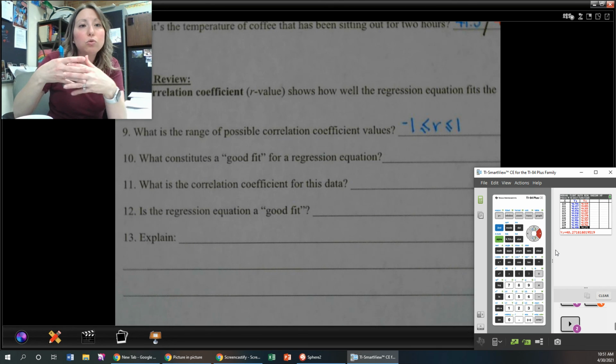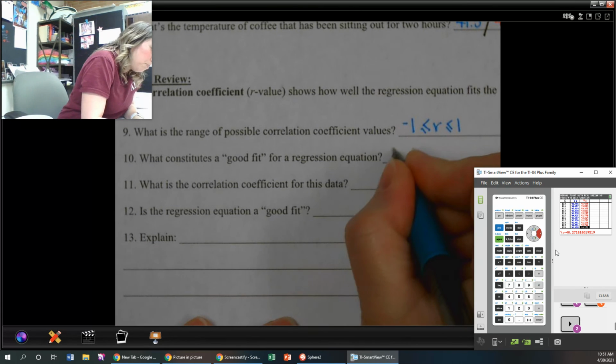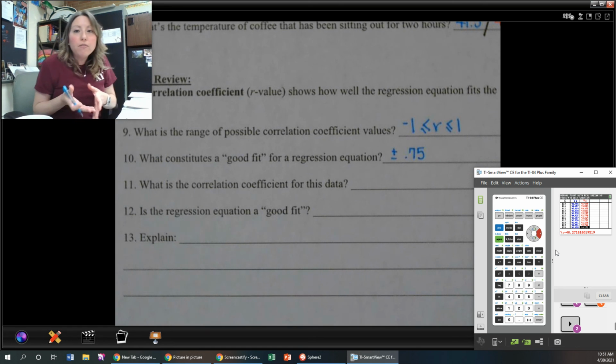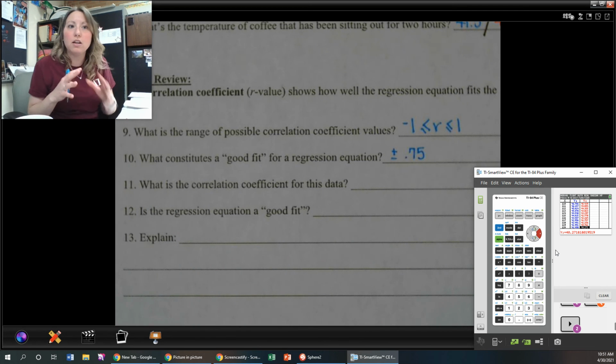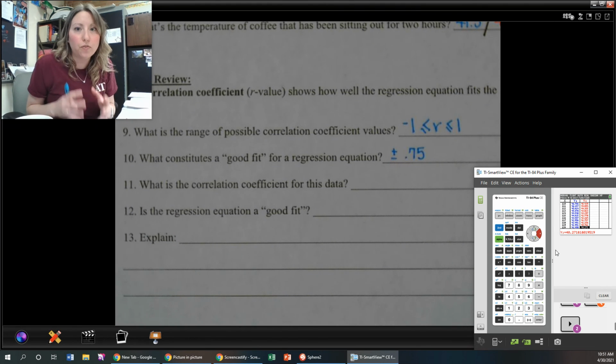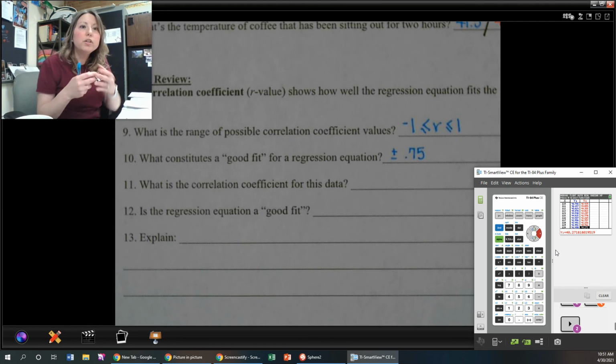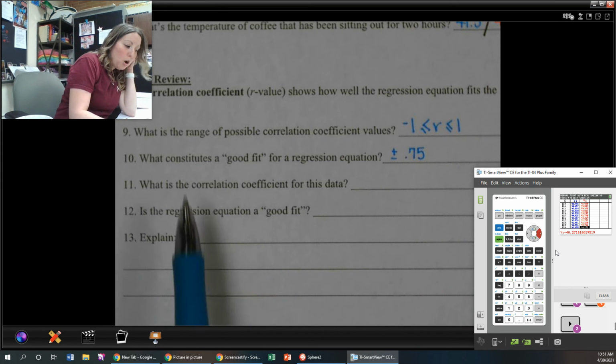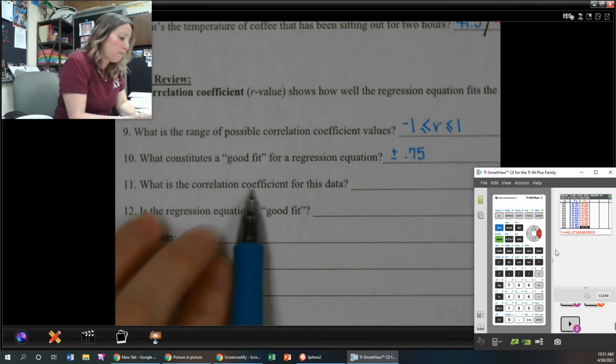So what constitutes a good fit? Kind of plus or minus, I would say, 0.75 for an R value. Lower than that, you really are getting into sketchy territory as far as a good fit. We are going to learn more about more things that can help us determine a good fit for our data.